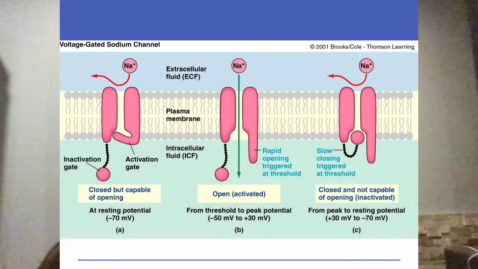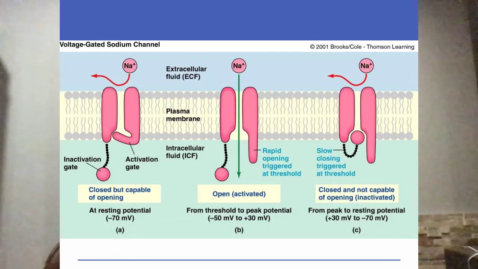So I'll say it again. Both gates are stimulated to change their position at the same time when in that middle column, the threshold potential is reached at negative 50. But the activation gate changes its position quickly and it opens. Sodium comes in. Then the inactivation gate catches up and it closes. It's slower.